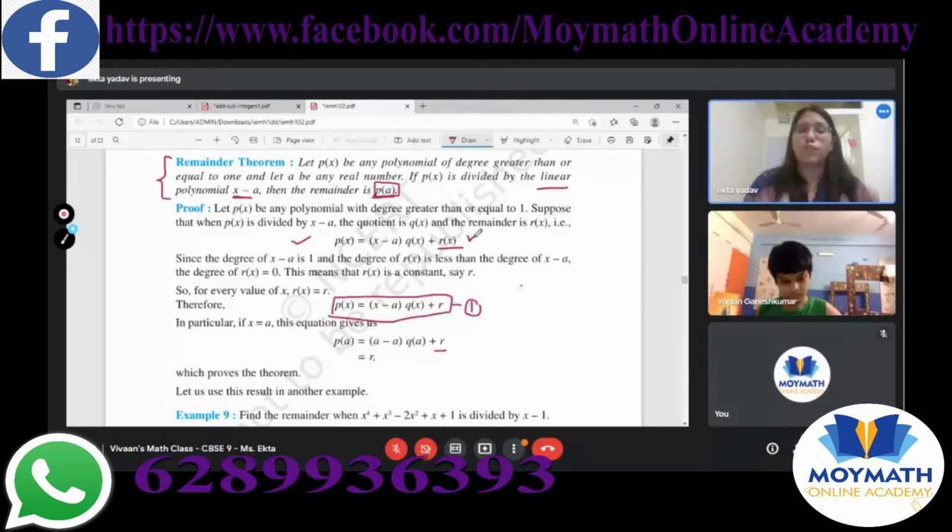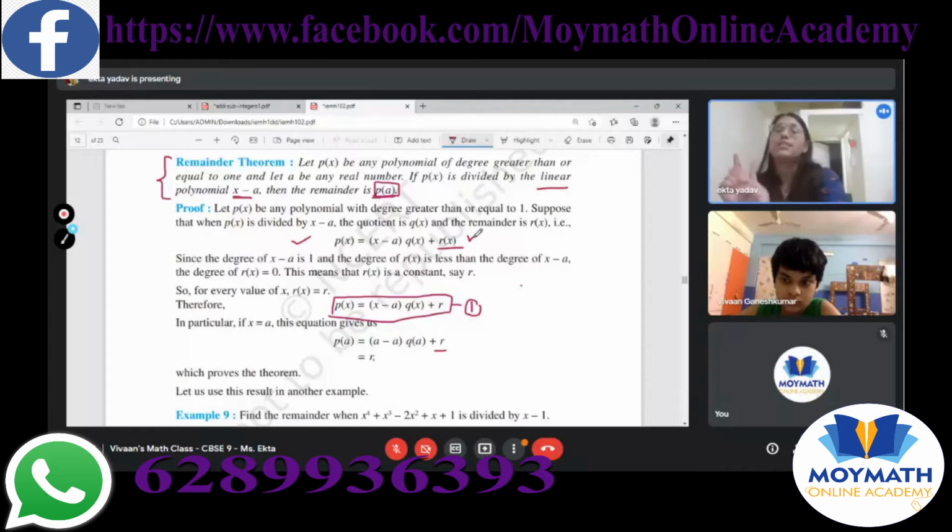First they put the remainder theorem: p(x) is equal to (x minus a) q(x) plus r(x). Since r(x) is the remainder polynomial, its degree should be less than the divisor polynomial x minus a. Since x minus a is a linear polynomial, its degree is 1.